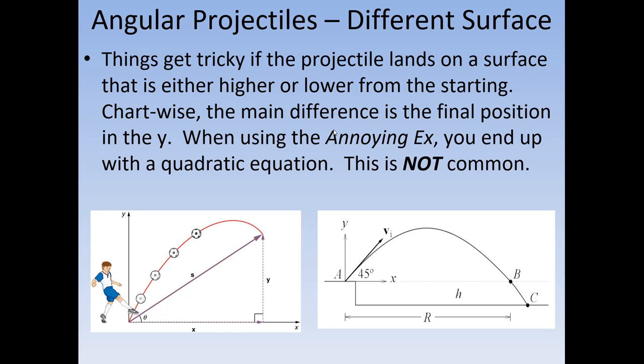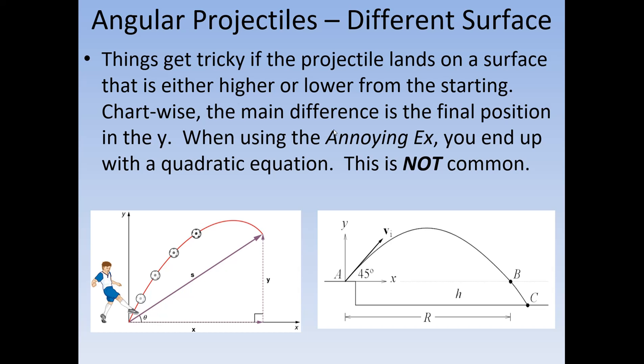You can get around this by using the timeless equation, v squared equals v naught squared plus 2a times x minus x naught, along with the acceleration equation, v equals v naught plus at. But the one thing you really have to pay attention to is when you use that v squared equation, because of the nature of solving for velocity, when you do the square root, you have to remember that it's either plus or minus of that number.